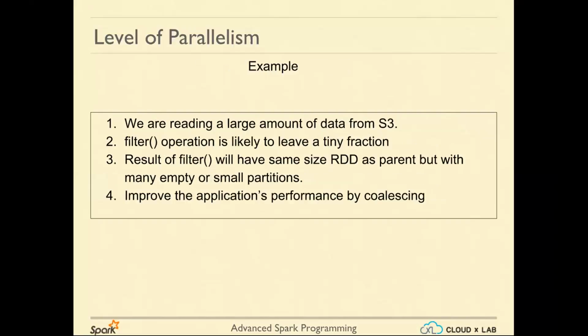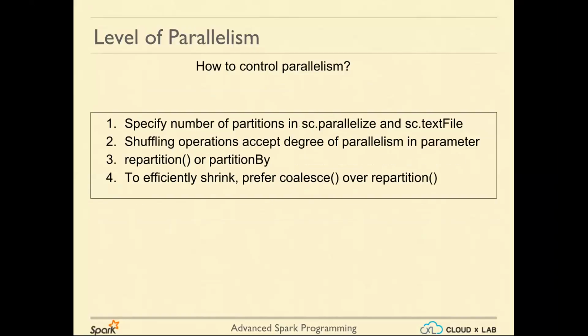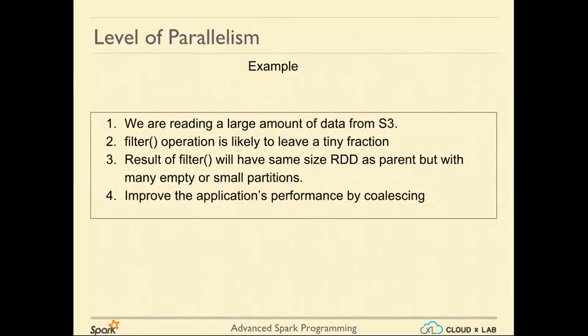All right, so regarding the level of partitions, an example of shrinking is, let's say we are reading a large amount of data from S3, and a filter operation is likely to retain only a tiny fraction of the whole data.